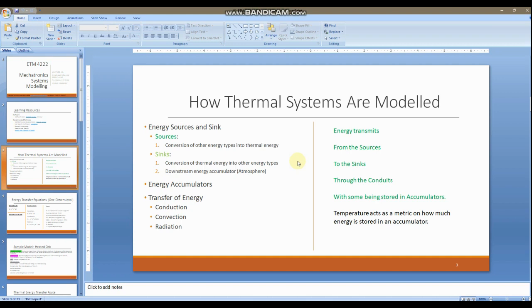As per the definition of the Kelvin temperature scale, any object which has a temperature higher than absolute zero will have some energy stored within it. In a practical case, every single object that you encounter in the world will have a temperature greater than 0 Kelvin, and therefore every single object, regardless of the phase that it is in, is an energy accumulator of some sorts.